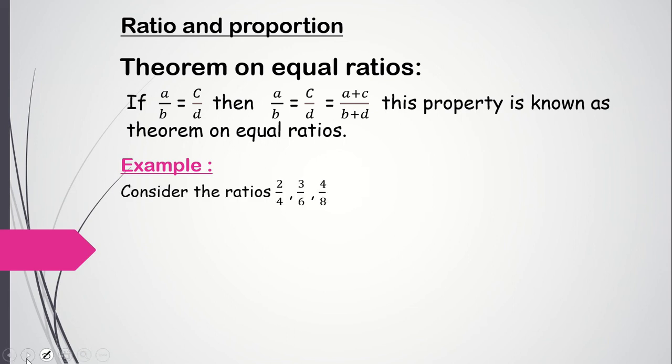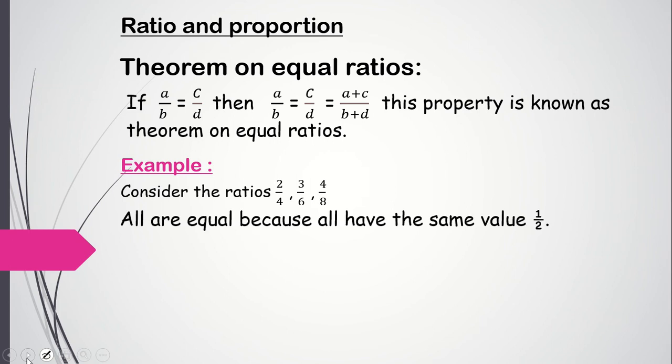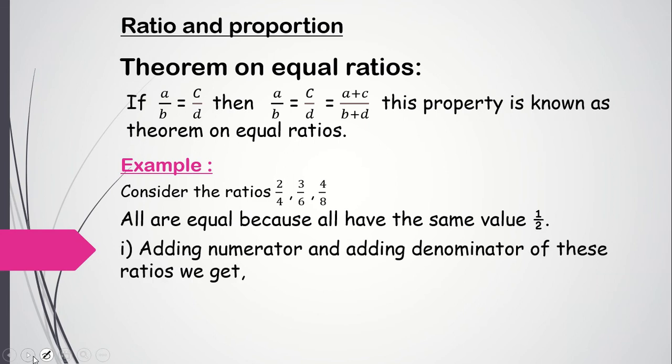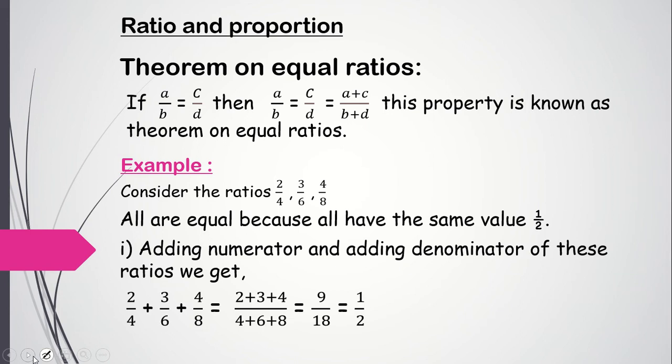Consider the ratios 2 upon 4, 3 upon 6, 4 upon 8. All these ratios are equal because they all have the same value half. Adding the numerators and adding the denominators of these ratios, we get 2 plus 3 plus 4 upon 4 plus 6 plus 8. Now see, we are not adding the fractions here.